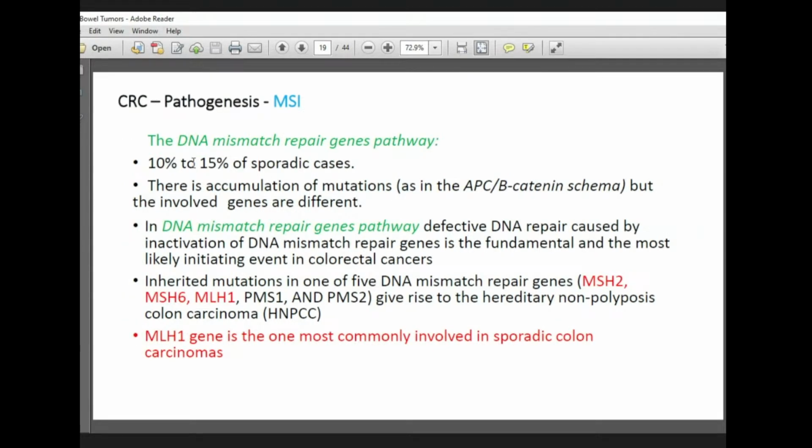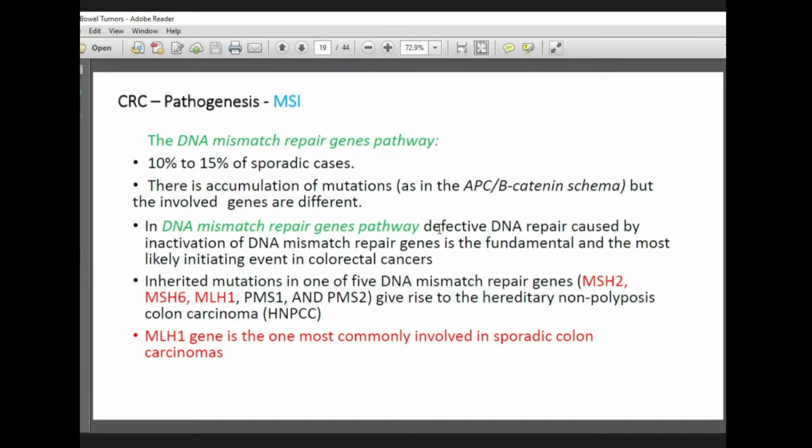So 80 to 85 to 90% of sporadic cancers are due to involvement of the APC gene. 10 to 15% of sporadic cases are due to involvement of the DNA mismatch repair genes. With these genes there is defective DNA repair, so the DNA is not repaired properly.